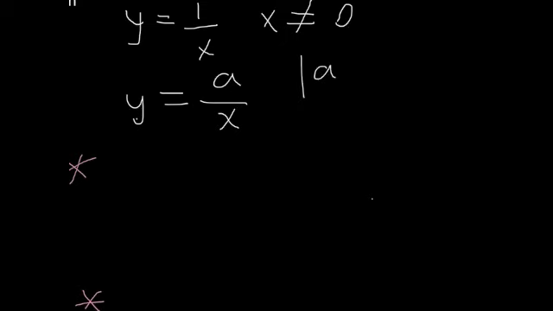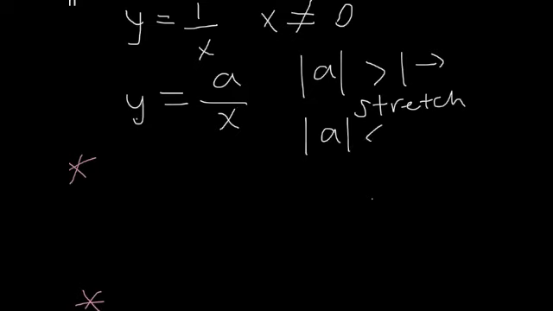So if the absolute value of a is greater than 1, then the graph will stretch. And if the absolute value of a is less than 1, then the graph will shrink. And that means the branch will either become slimmer or fatter.